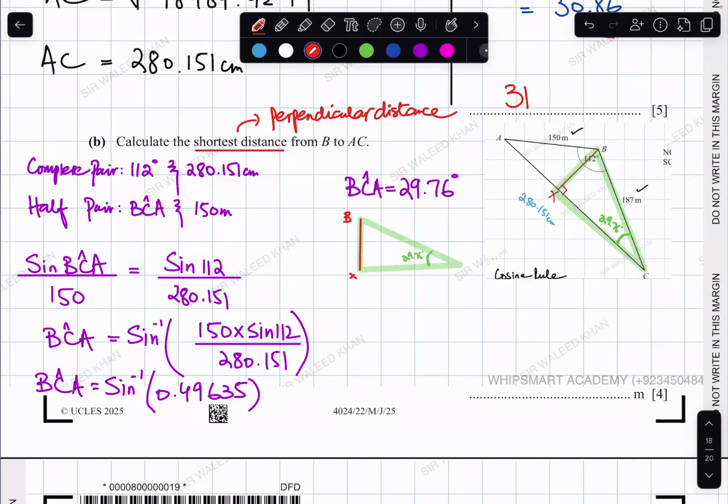We have an angle now, so I can find that using trigonometric ratios sine, cos, tan. We can see that opposite is required and hypotenuse is given, right? Or in other words, perpendicular is required and hypotenuse is given. So opposite and hypotenuse, sine. I'll be using sine.